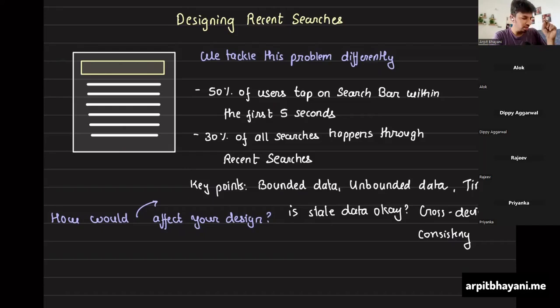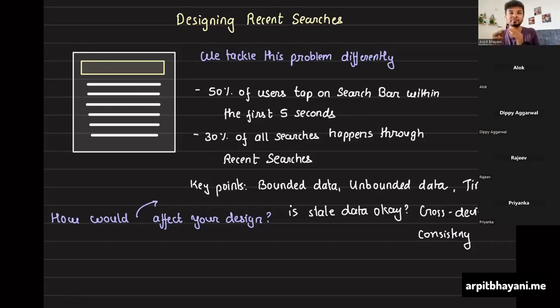Now, this traction is that 30% of the times the user would tap one of the items that he or she recently searched. That is a very high ratio of people coming onto this platform, tapping onto the search bar, and searching from the recent searches versus making new searches on the platform. 30% is significant traction, right?